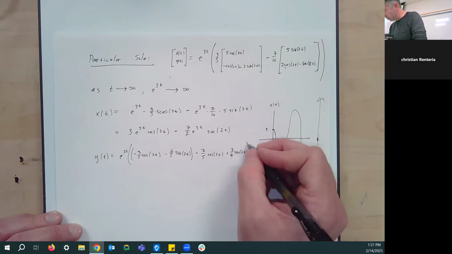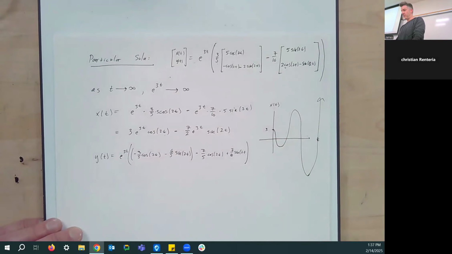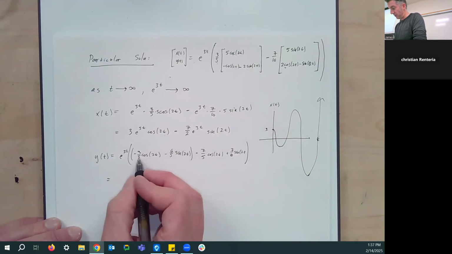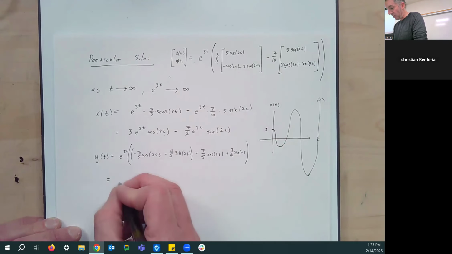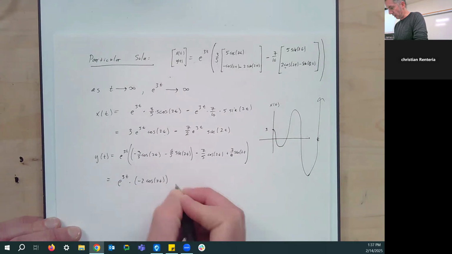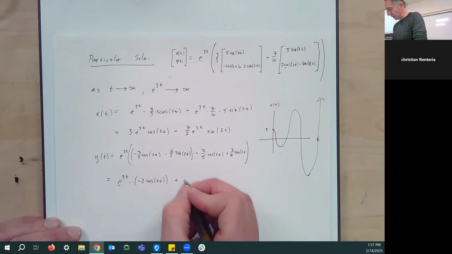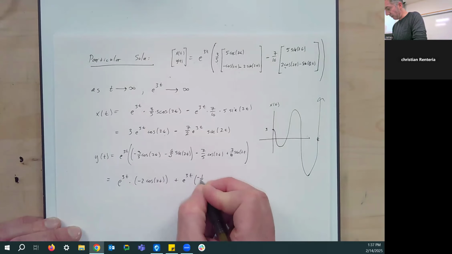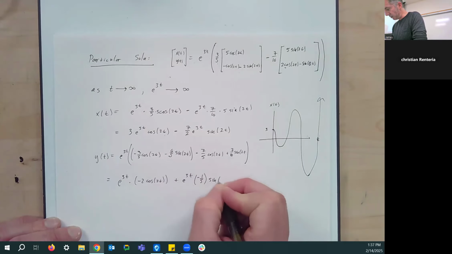It's kind of terrible, but I'll simplify it. -7/5 minus 3/5 is -10/5, which is -2. So I have e to the 3t times -2 cosine of 2t. And I have e to the 3t times, let's see, -6/5 or -12/10 plus 7/10 is -2/10 or -1/5. So -1/5 sine of 2t.